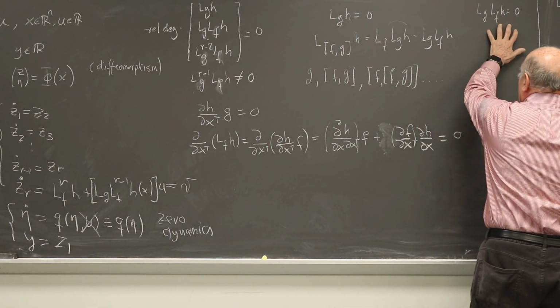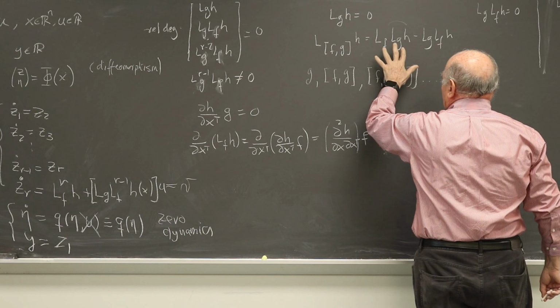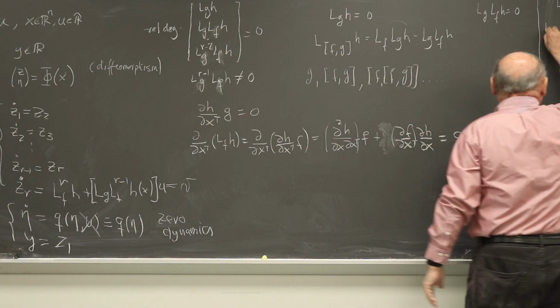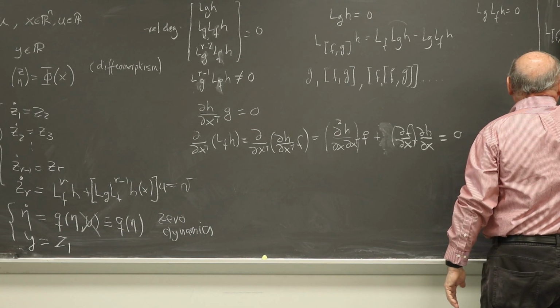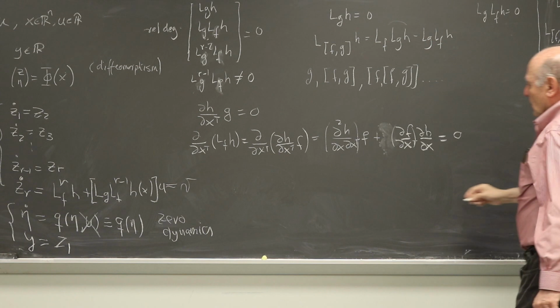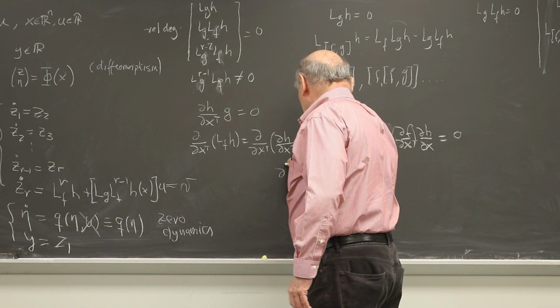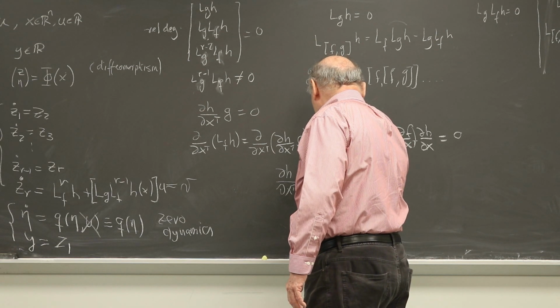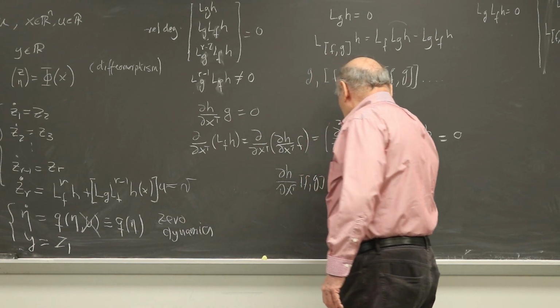But this being 0 means that this is 0, and this is already 0 because the third condition is 0. So L of Fg h has to be 0. And that condition summarizes the necessary partial differential equation that has to be solved into a linear partial differential equation.